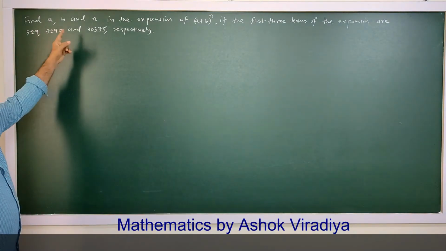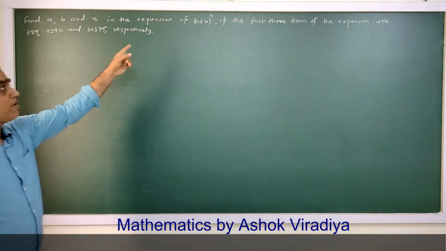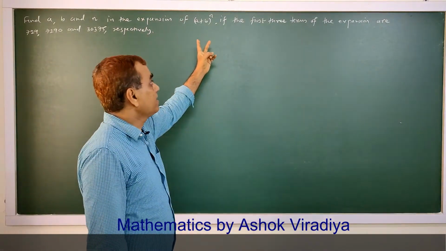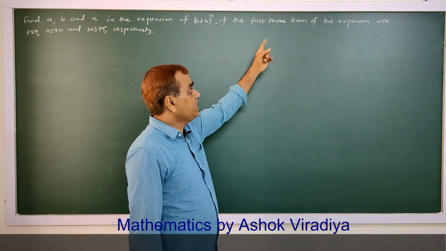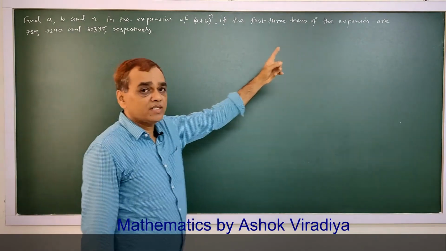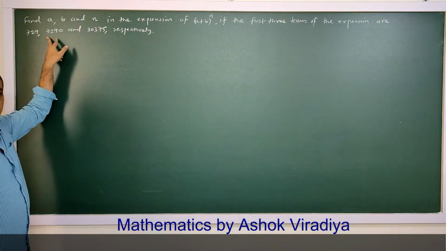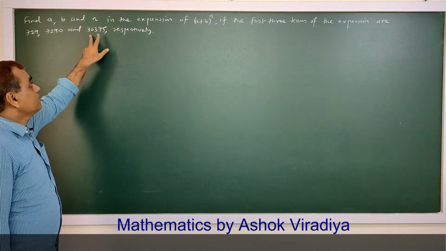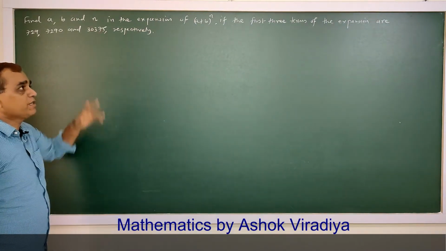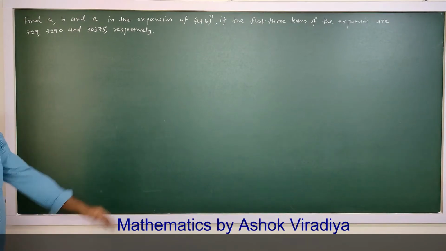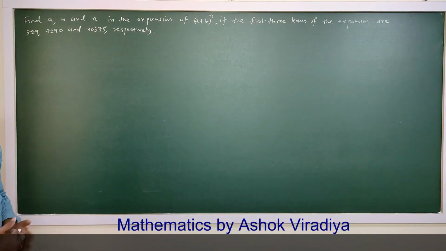Find a, b and n in the expansion of (a plus b) raised to n if the first three terms of the expansion are 729, 7290 and 30375 respectively. See, the first three terms are given.